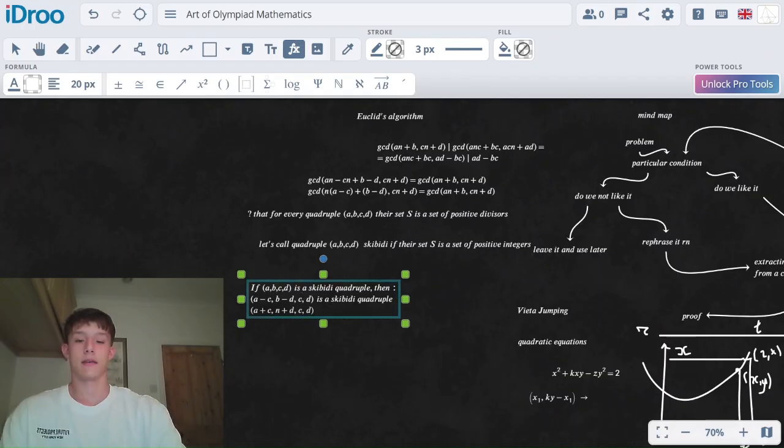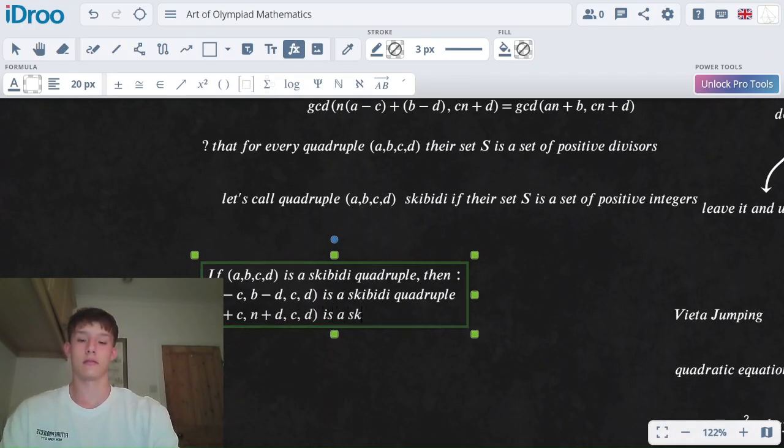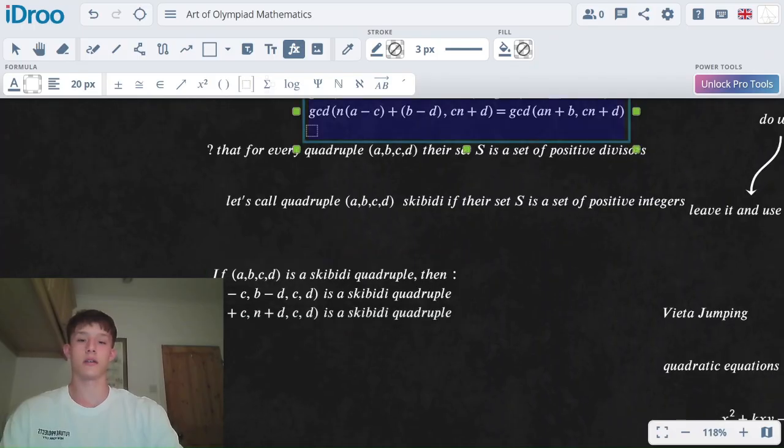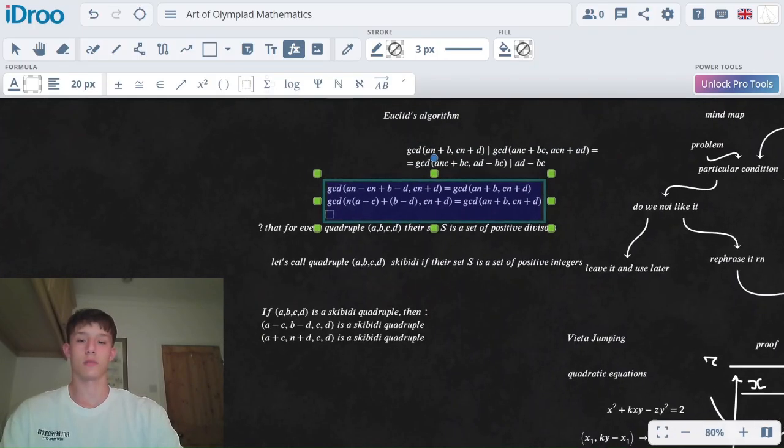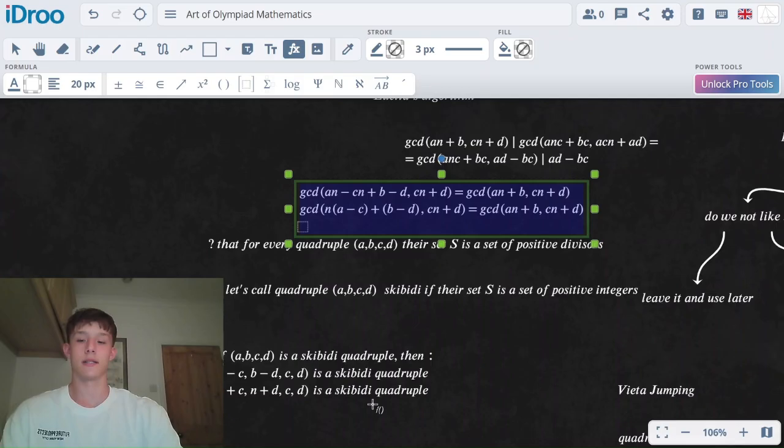This is just because of the thing we wrote on top, because these two GCDs are equal.